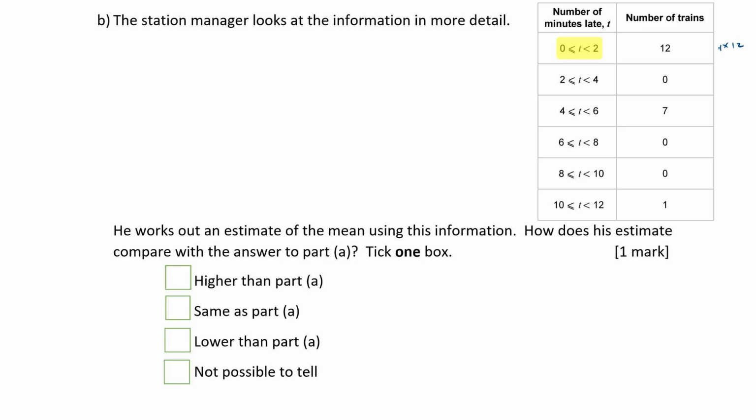Now I see that those 7 trains are actually between 4 and 6, and the midpoint of those is going to be 5, which is again going to be a shorter time than what I was using previously. And again, 10 to 12 is going to have a mid value of 11, whereas before I was using a mid value of 12.5. So it's going to give me a lower score, isn't it? Because I'm using lower midpoint values now.